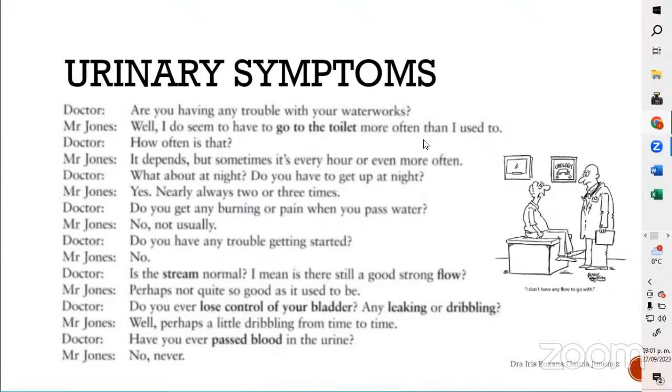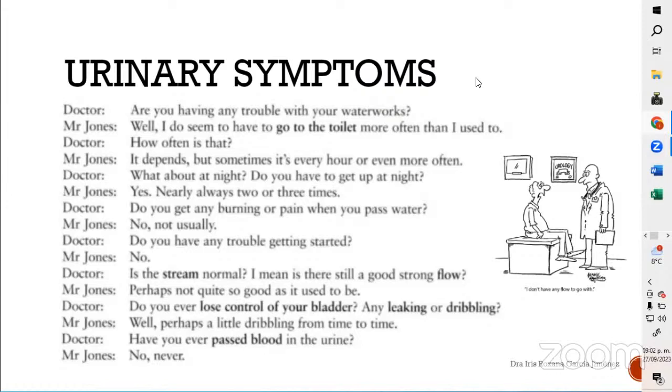Are you having any trouble with your waterworks? Well, I do seem to have to go to the toilet more often than I used to. How often is that? It depends, but sometimes it's every hour or even more often. What about at night? Do you have to get up at night? Yes, nearly always 2 or 3 times. Do you get any burning or pain when you pass water? No, not usually. Do you have any trouble getting started?